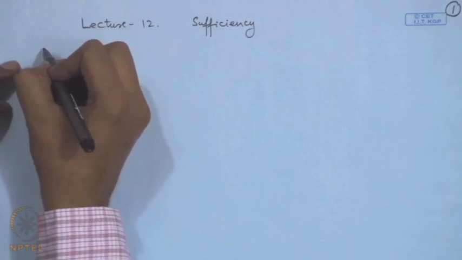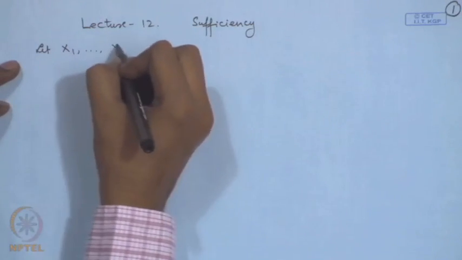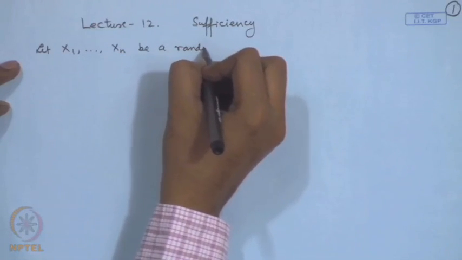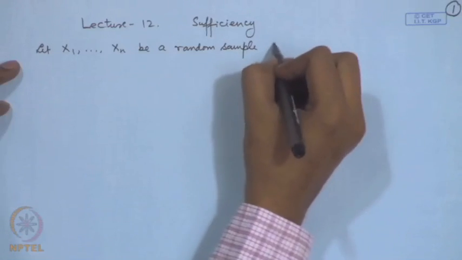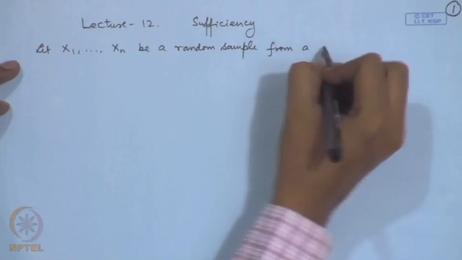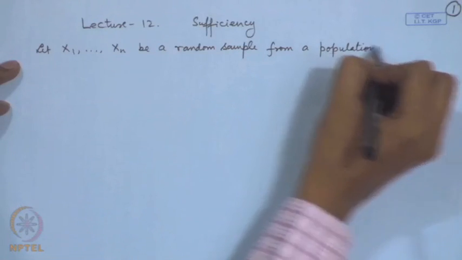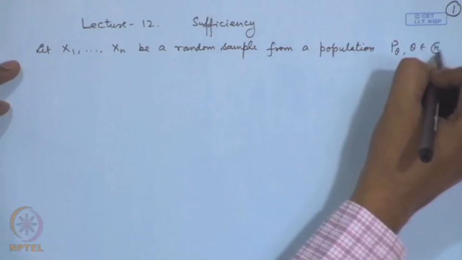As before, we have a random sample. So, let x 1, x 2, x n be a random sample from a population, say p theta, theta belonging to say script theta.